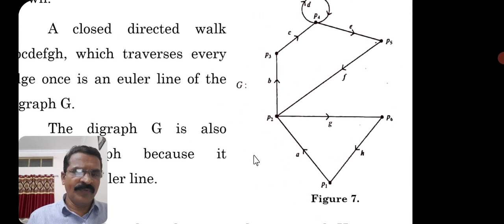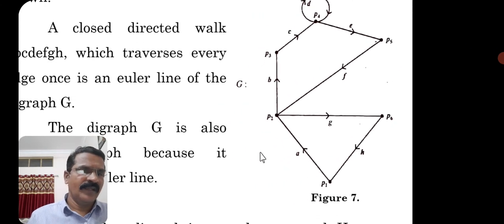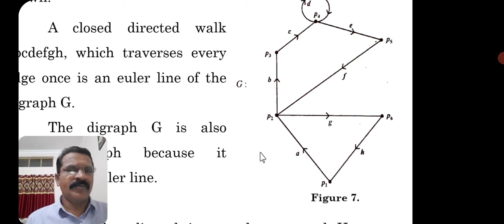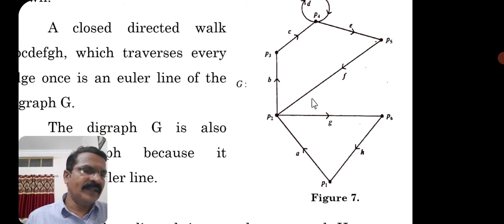I hope you will see this. So you can see A, B, C. Then where is D is a question. I think it is A, B, C, D, E, F, G, H.